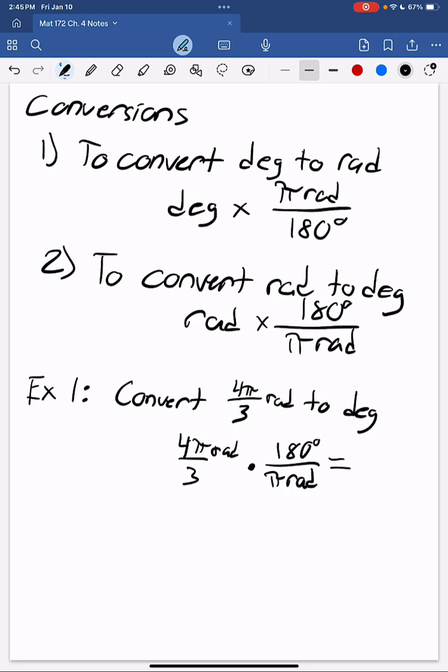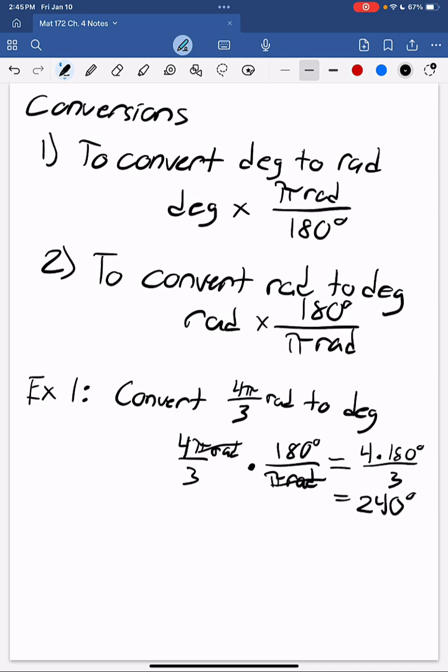As you can see, my pi radians divide out. So I really have 4 times 180 degrees divided by 3. Plug this in the calculator or do the arithmetic, and you come out to having 240 degrees.